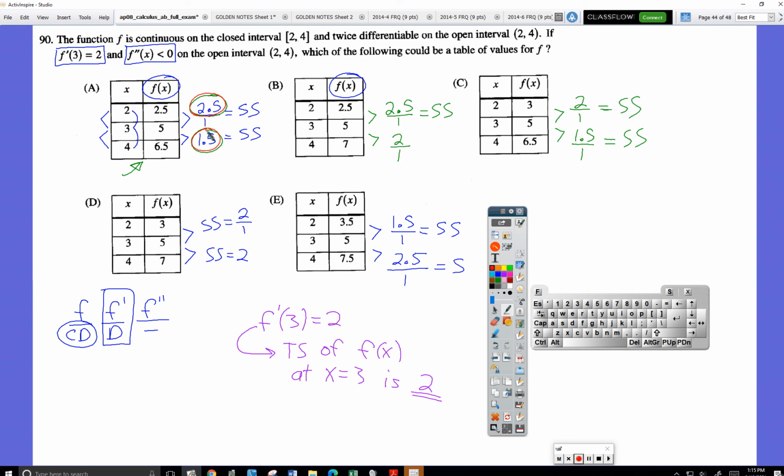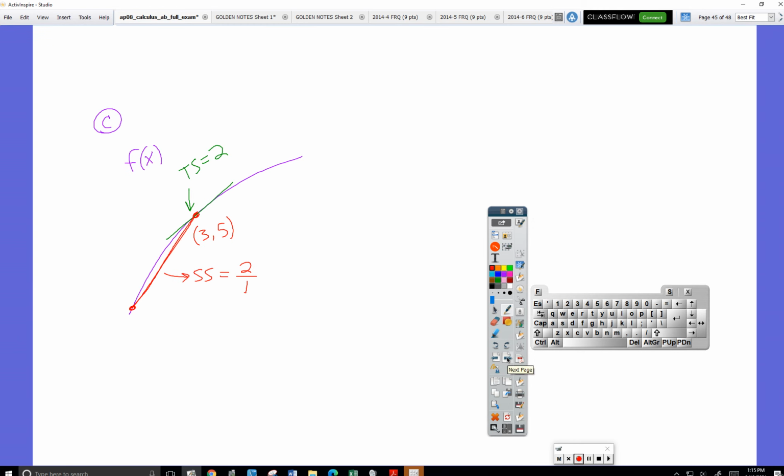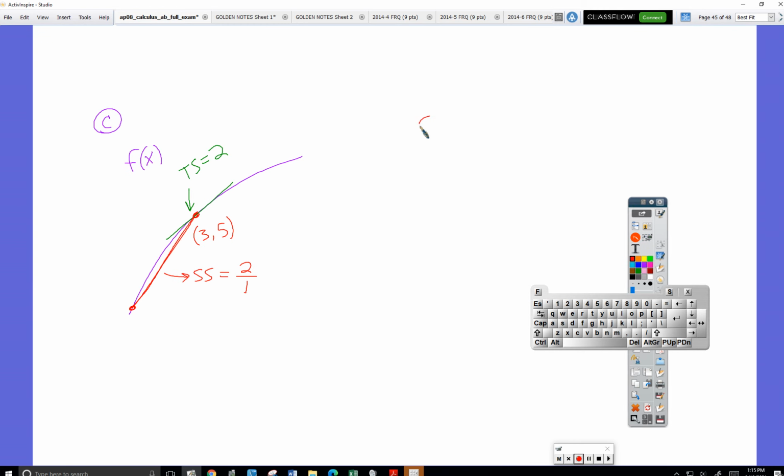I can draw that one. For letter A, if I draw f, f still must have a concave down shape. I have a point here at 3, 5. But now everything works. Because if I draw this secant slope, according to the table that secant slope has to be 2.5.